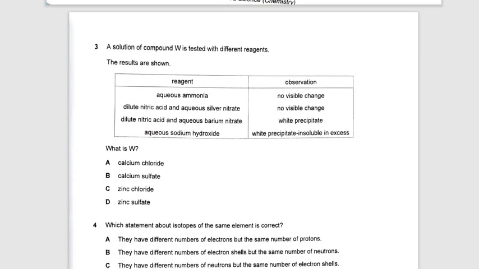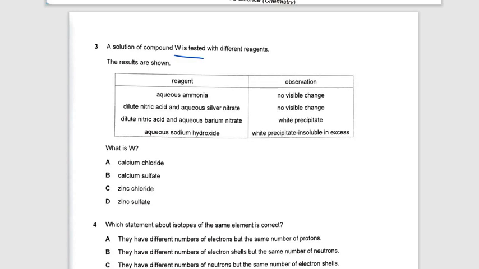The solution of W is tested with different reagents. We are testing a compound W, and obviously you will apply different reagents. When I put the reagent aqueous ammonia, you are saying no visible change. So it can be calcium, right? Do you have any option? Yes, you have calcium chloride and calcium sulfate.